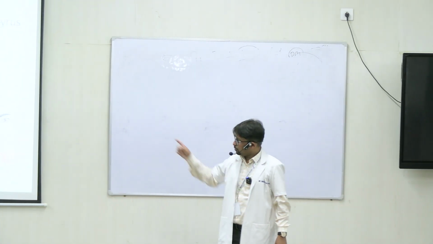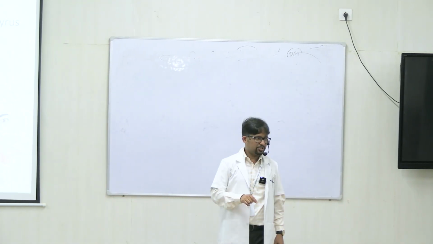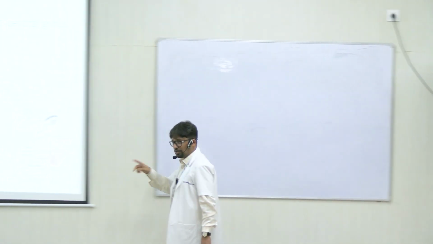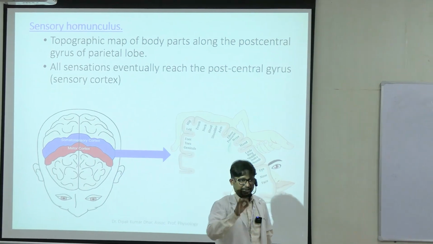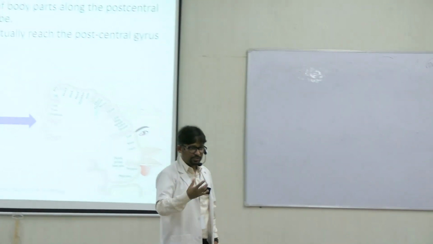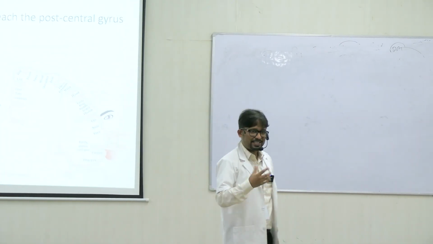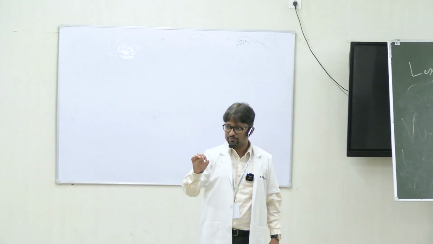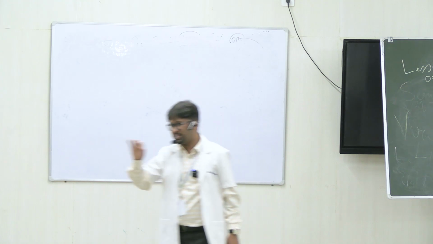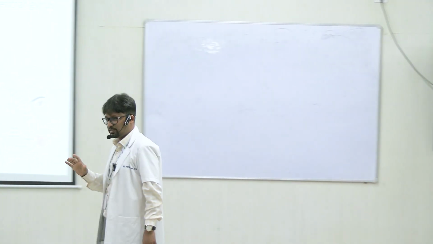right? You have a similar type of representation in the motor cortex also. That is called the motor homunculus. Areas of the body with which you can make precise movements, right? Say fingers, you can make very precise, fine movements.